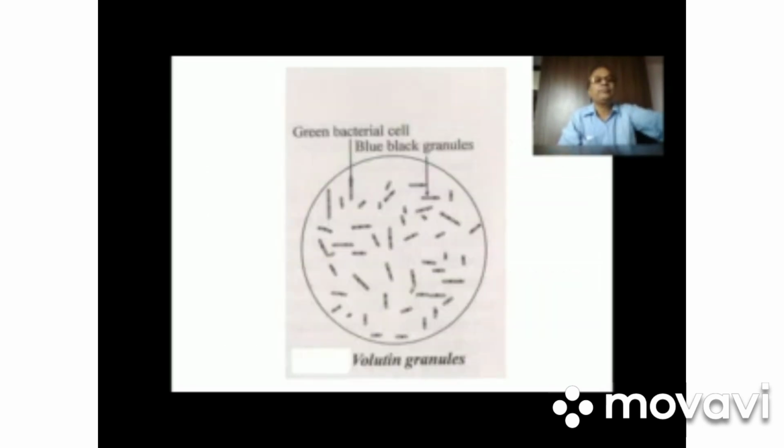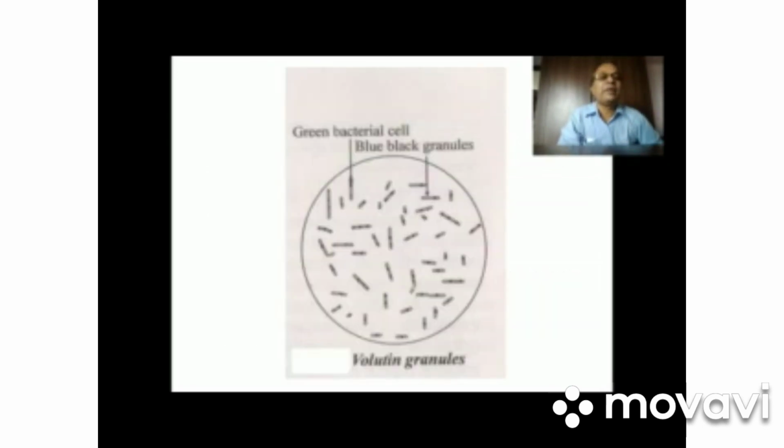When a sample from a patient is used for making a smear and subjected to this staining by Albert's method, you will find that the cells show black granules, which will be the indication of the presence of these organisms and ultimately the disease of the individual from whom the sample has been collected.